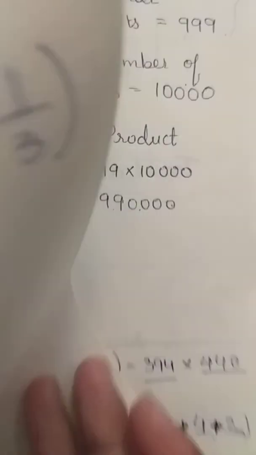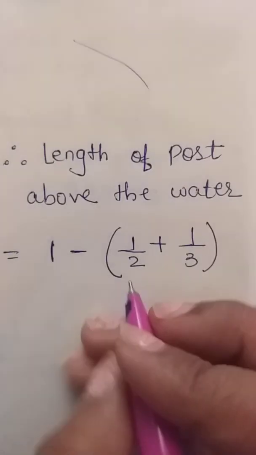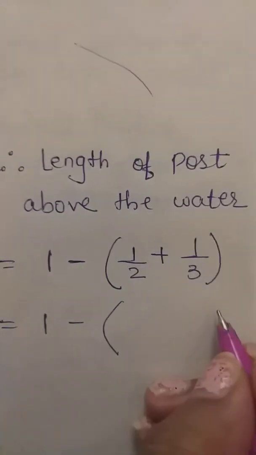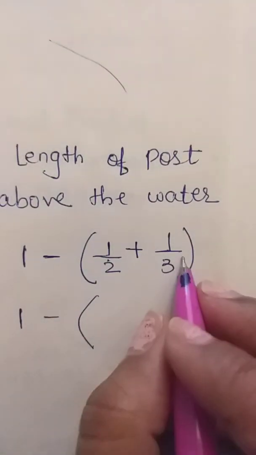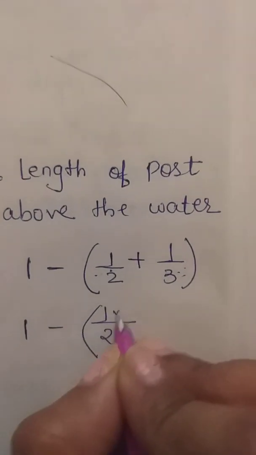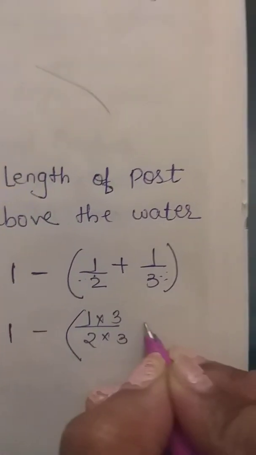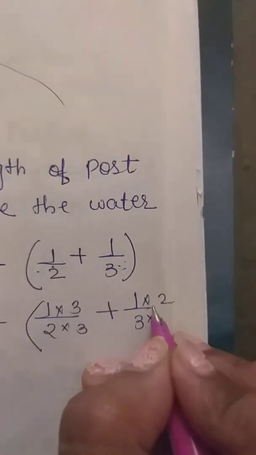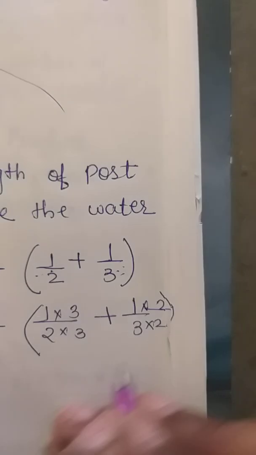So firstly we'll solve this bracket, that is 1/2 and 1/3. We'll keep the 1 as it is. Make the denominator same. 2 and 3, the LCM is 6. So 1/2 multiplied by 3 plus 1/3 multiplied by 2, so as to make the denominator same.